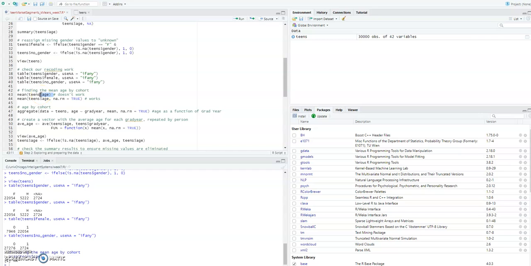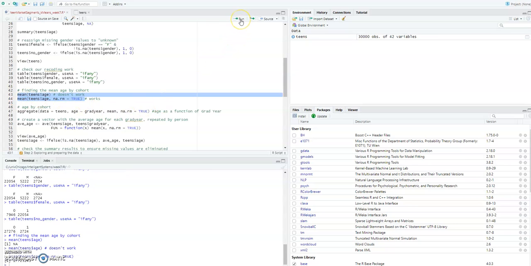However, if you add na.rm equals TRUE, which means do not consider the NA values, then this will work. So if you do not consider the NA values, then the mean age for the given population is 17.25 years.